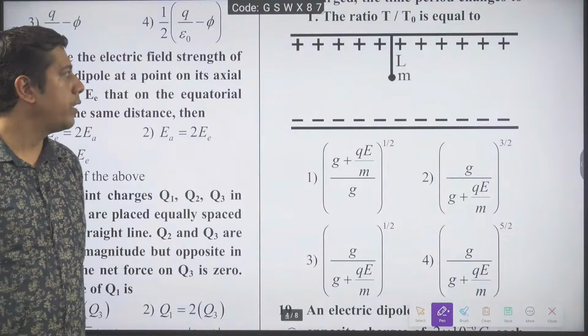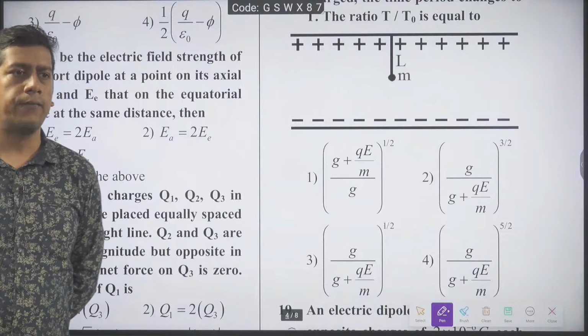Without electric field it is T naught, with electric field it is T. Find the ratio, come on.